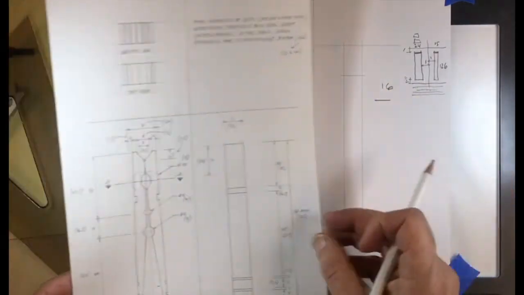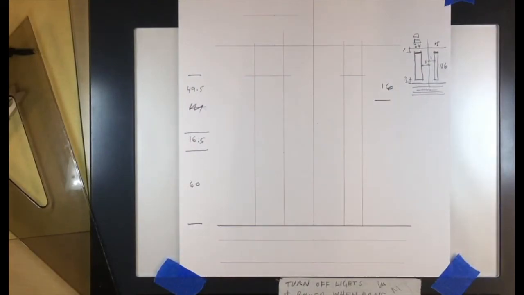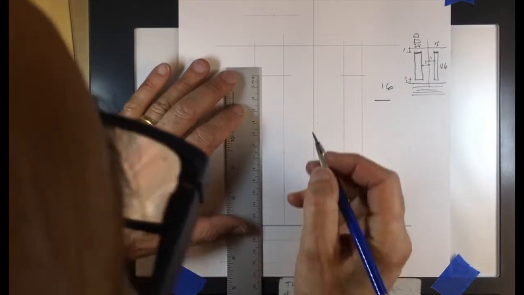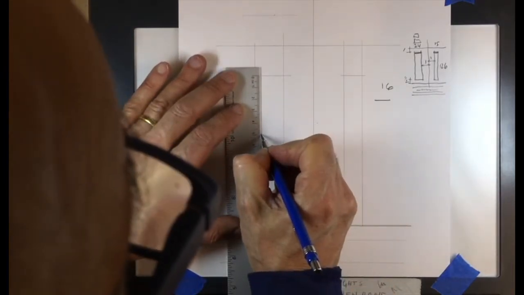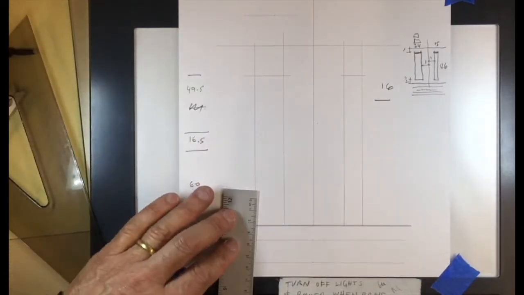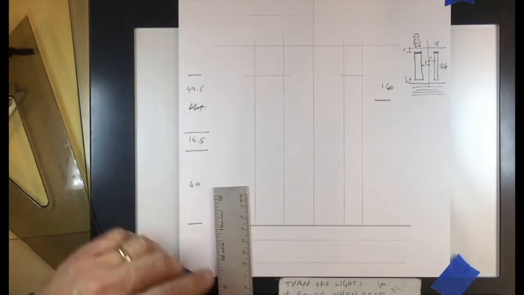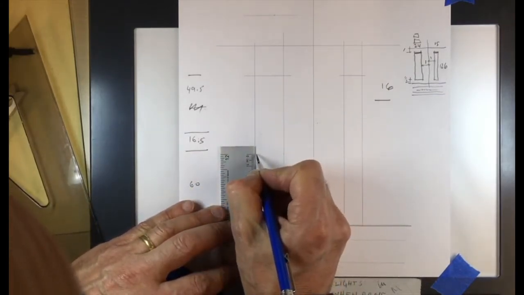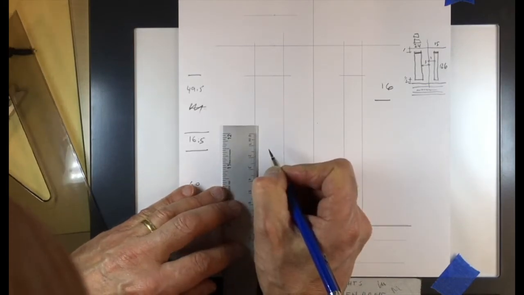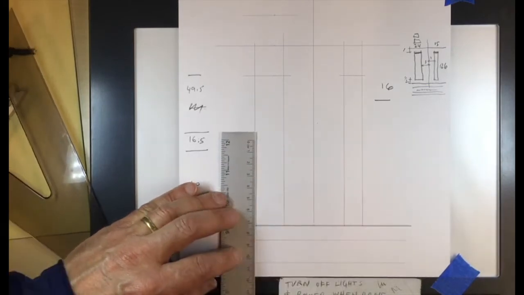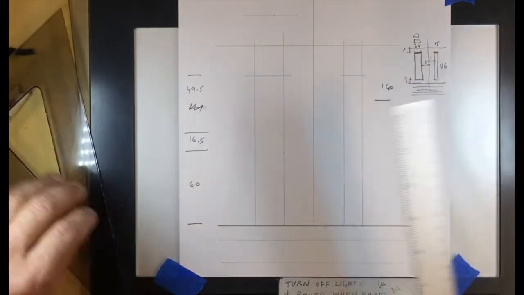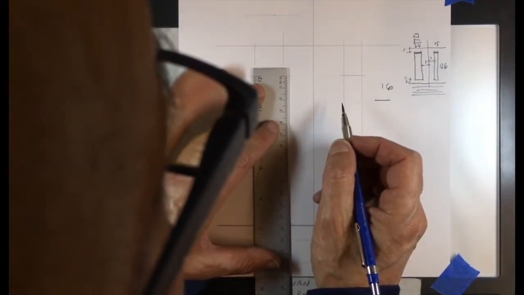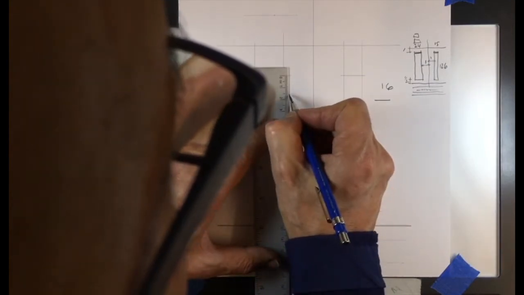Okay, so I'm going to do that now. I'm going to mark 49.5. Maybe because it's a little tricky I'm going to mark 60 from the bottom. And the remaining should be 16.5, which it is. And then 16 from the side here. Is that right?